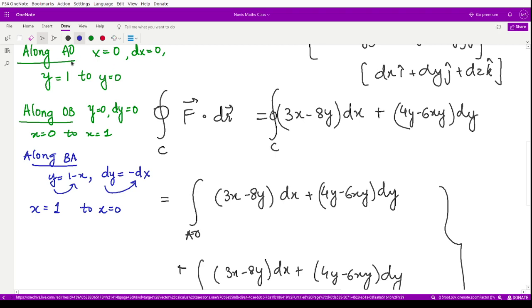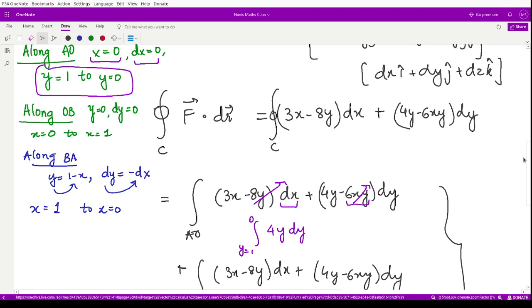So along OA, when we are over OA, your x is 0, dx is 0. Therefore this term would be 0. This term would be 0, right? So you are only left with the term 4y dy, and here the limits are y varies from 1 to 0.